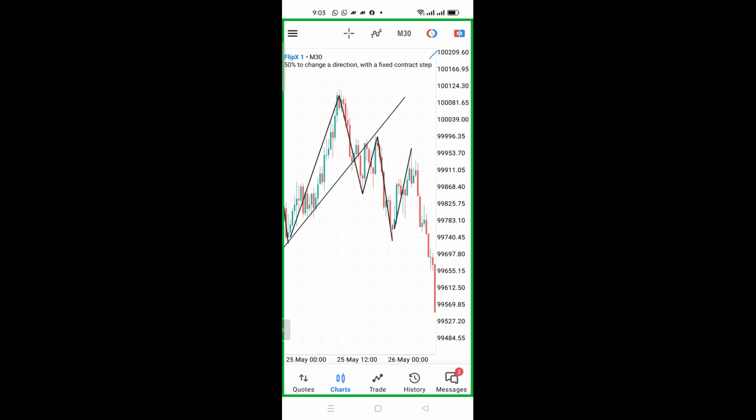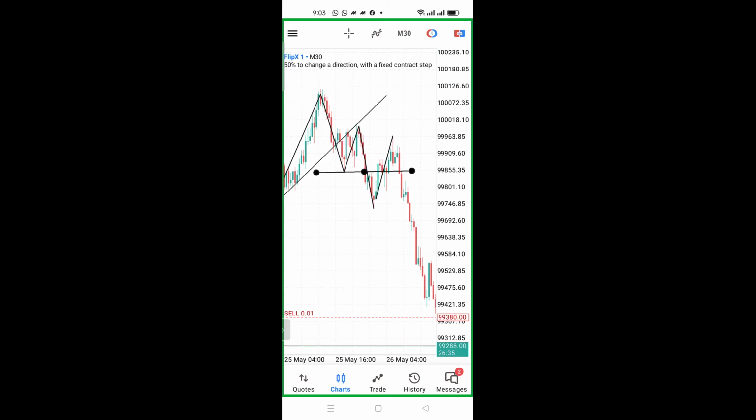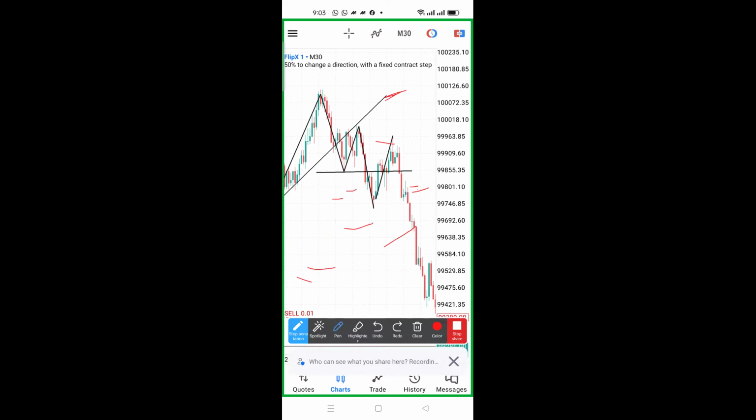This is where you confirm that the trend is now changing, this one that broke below this level. Because the chart has moved, the thing has just scattered. Right now, this was the previous high, and it created this low.